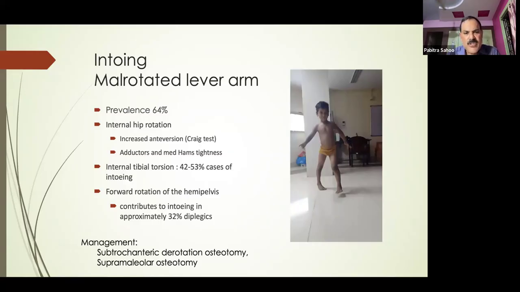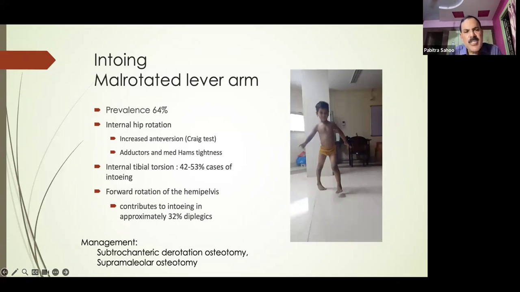Sometimes it is so severe in diplegics that we require bony correction. If the deformity is more severe at the femur, we can go for subtrochanteric osteotomy. If there is no internal torsion at the femur but there is internal torsion at the tibial level, we can go for a supramalleolar osteotomy. So these are the procedures done for internal rotation.